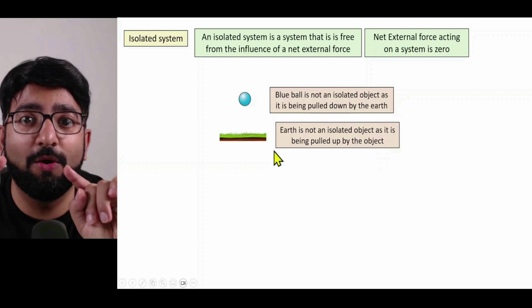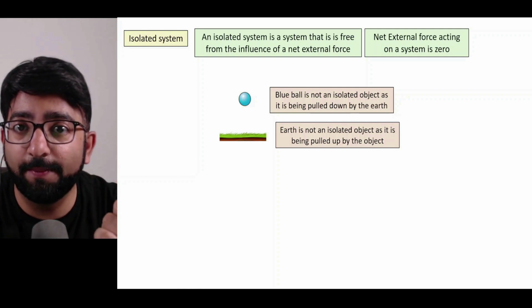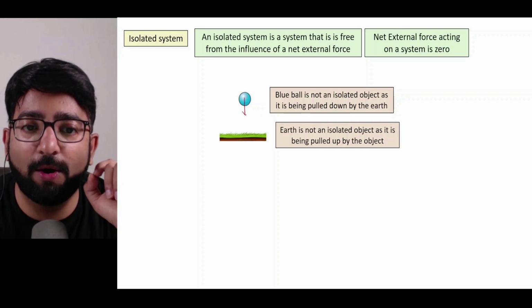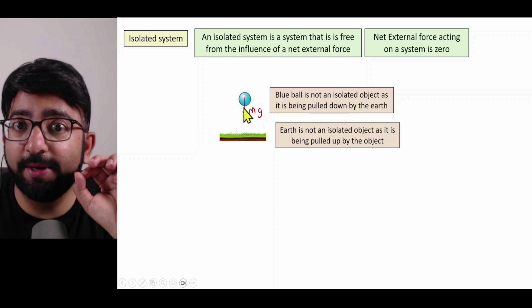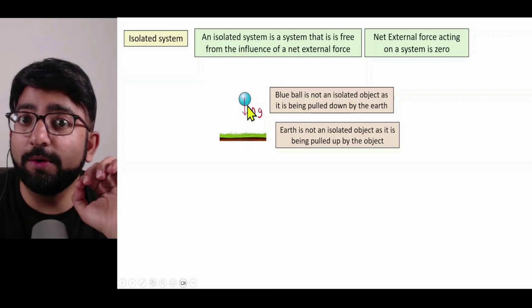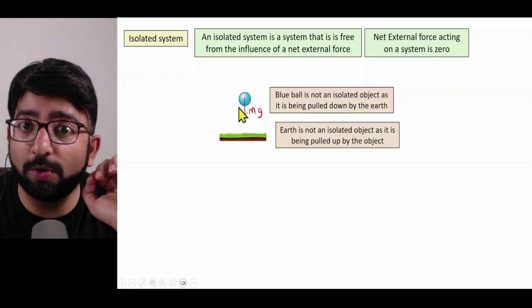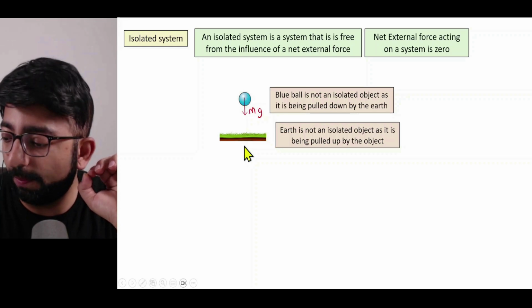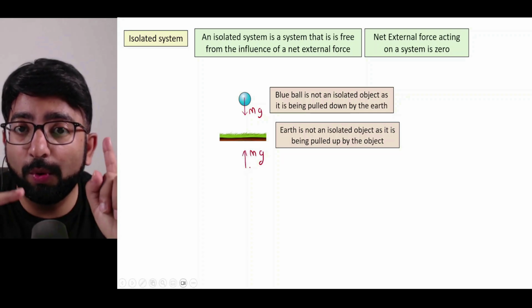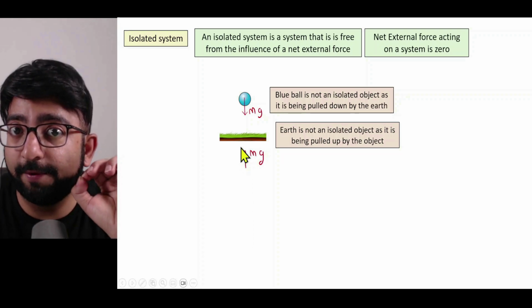According to Newton's third law, if you remember, forces are always in pairs. If the object has the weight acting downwards, mg, this mg is the pulling force applied by the earth on the ball. According to Newton's third law, the ball is also going to pull the ground upwards with a force of mg. Forces are equal and opposite, but they act on different objects.